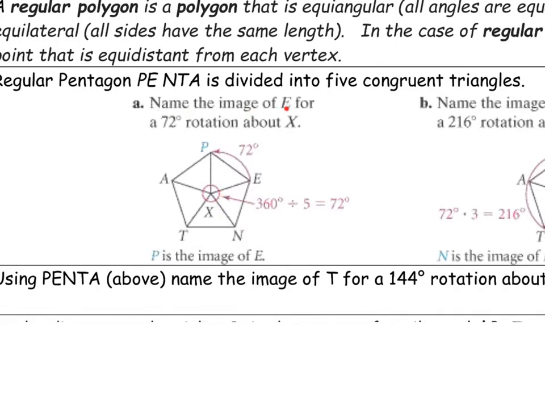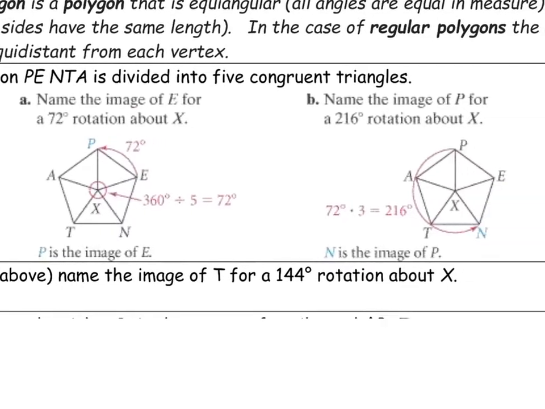So if we want to rotate image E 72 degrees about X, X being this center point right here, and again we're going counterclockwise, we rotate E 1 turn, and E prime is the image of E. To determine how many degrees is 1 turn for each rotation, we take 360 divided by the number of triangles inside the regular pentagon, and we get 72. So 72 degrees is 1 turn for this regular pentagon.